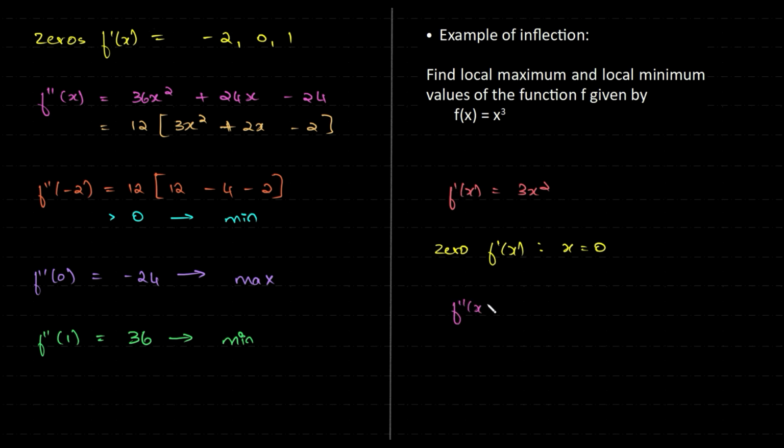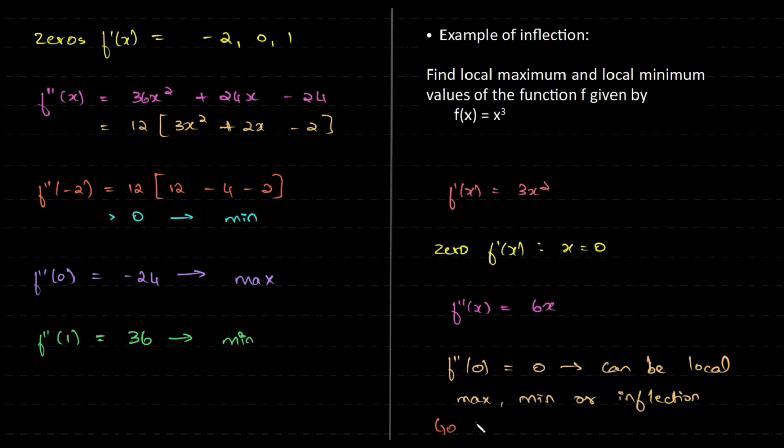So f double prime of x will be 6x, and f double prime of 0 is 0. So this point can be local maxima, minima, or inflection. So we have to go back to f prime of x and figure it out.